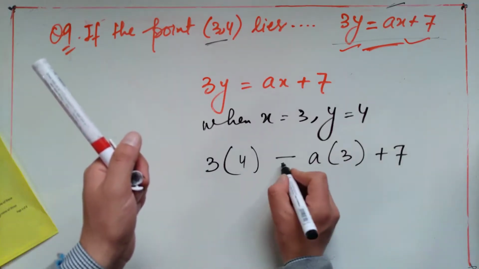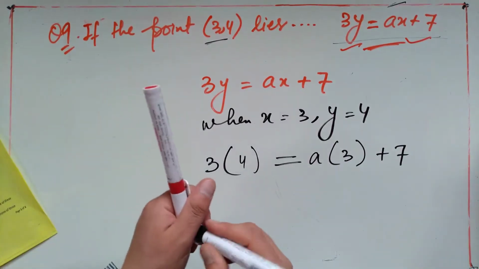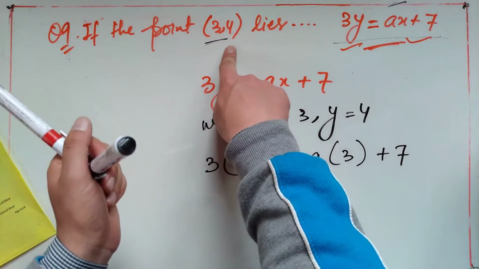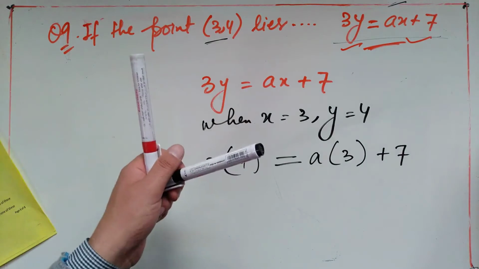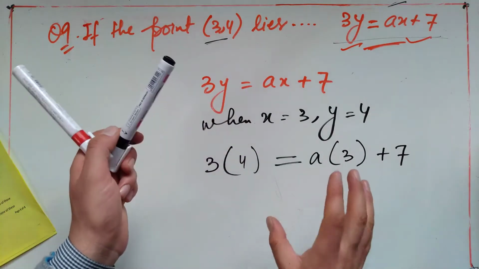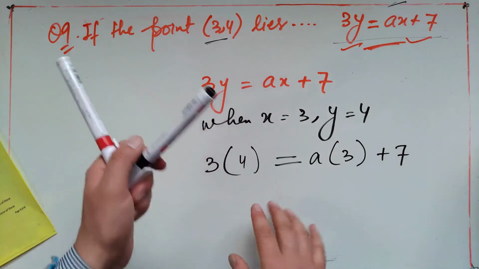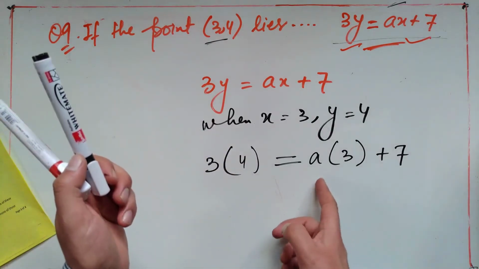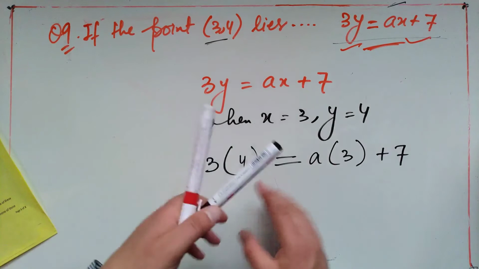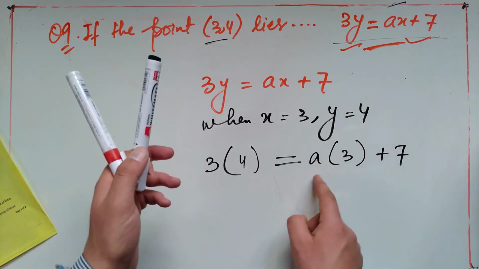I can still write down this equality because this is the solution. (3, 4) is the solution of this equation, and you know that a solution still satisfies the equality. It maintains the equality. So simplifying this, and transposing values here and there, you will get the value of a.